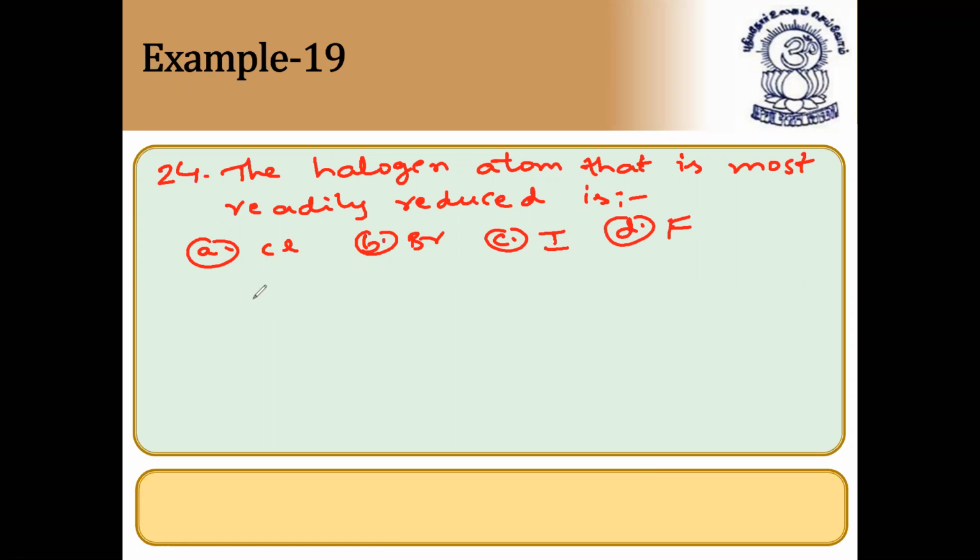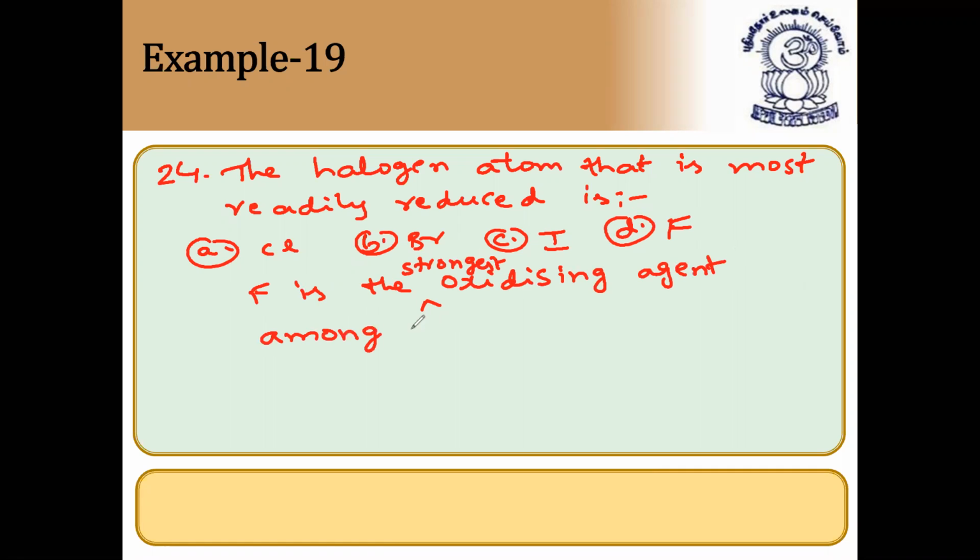Since we already know fluorine is the strongest oxidizing agent among the halogens, hence it is readily reduced.